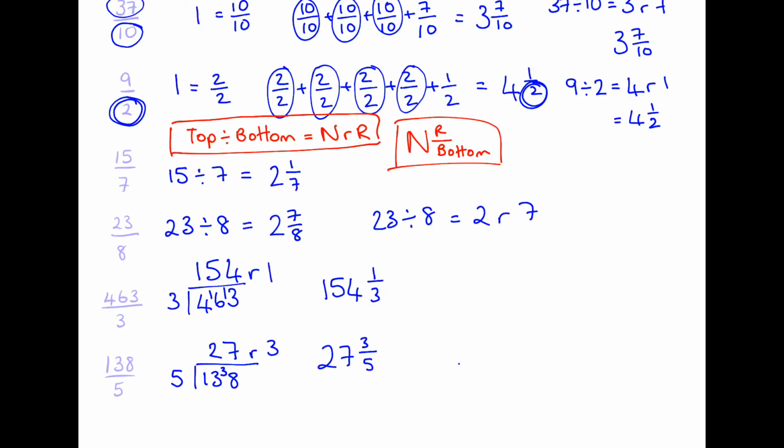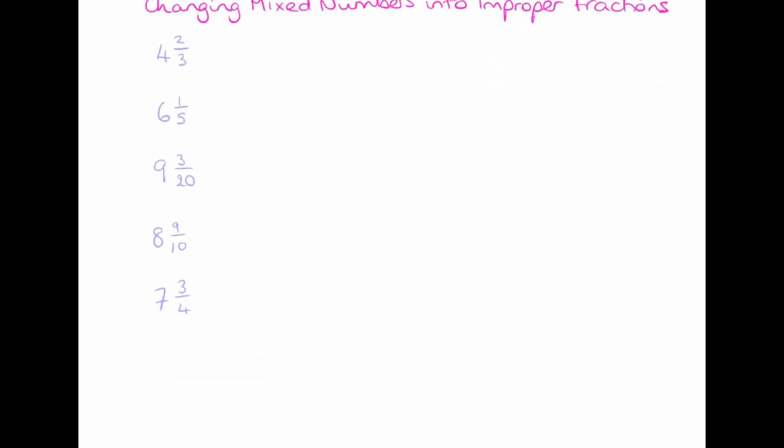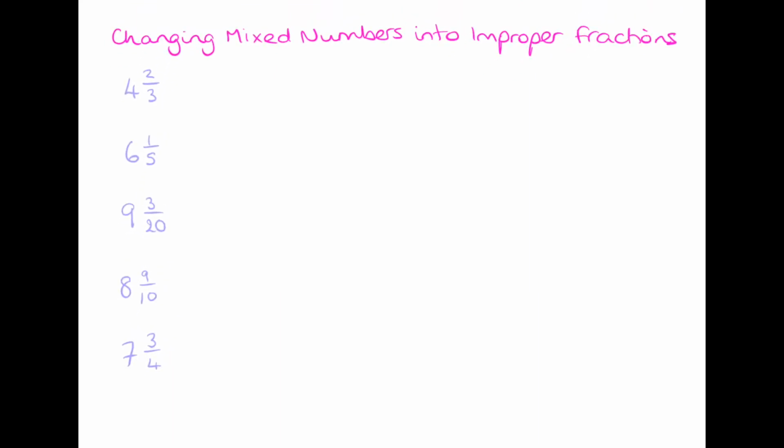Okay, then when we're going the other way round, changing mixed numbers into improper fractions, it's the same as what we just looked at, in that the denominator doesn't change, okay? So when we change this 4 2/3 into an improper fraction, it's going to be 3 on the bottom, in the denominator.